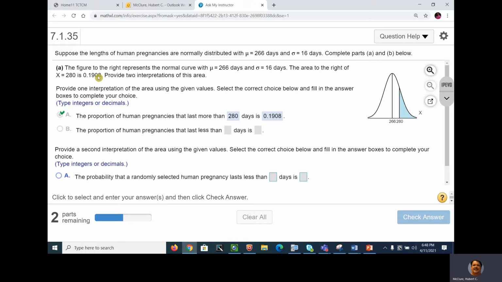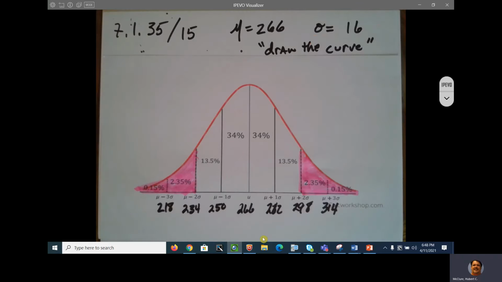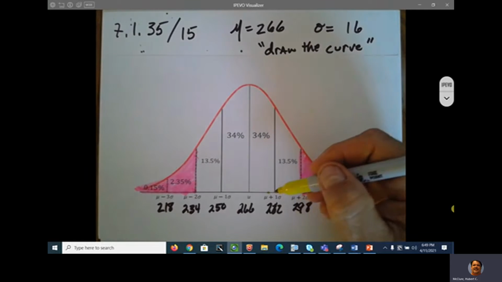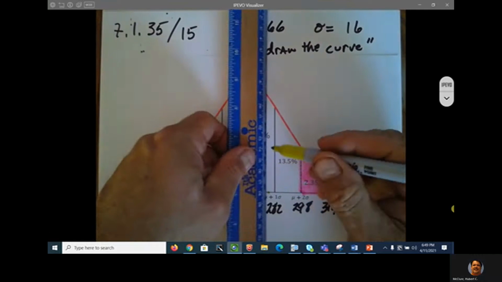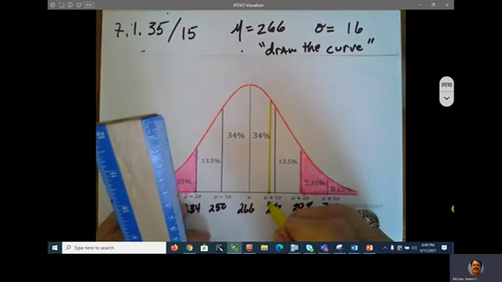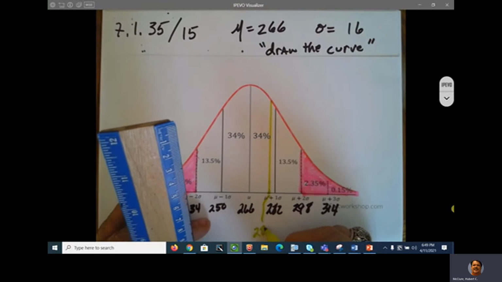Okay, I don't have 280, but we can draw it somewhere. 280, and I'll do it in yellow. 280 would be right in here. So I'm going to draw a line right in here, and we're going to call that 280.